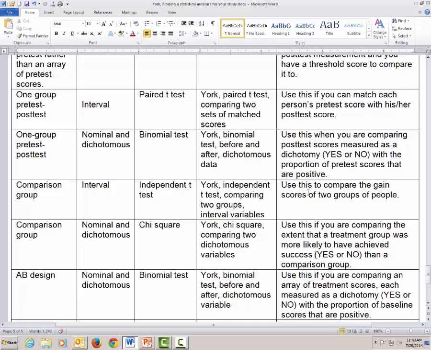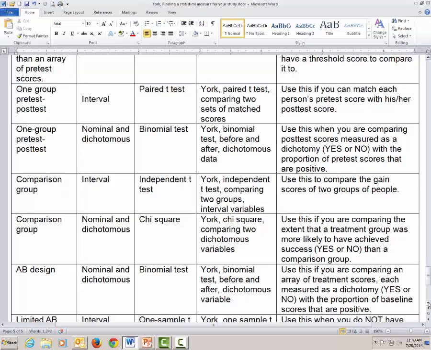And you want to know if the service group, the treatment group that is to say, had a significantly higher gain score than did the comparison group that did not have your treatment. Here the independent t-test would be appropriate. Here is the name of that file that you could use for that particular situation.